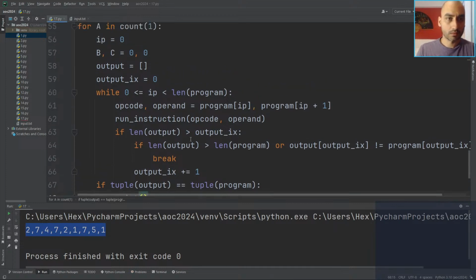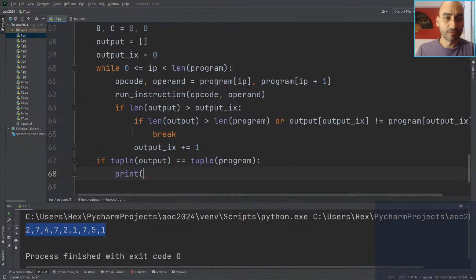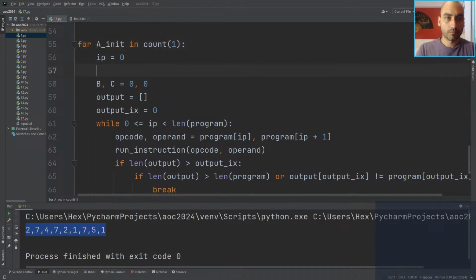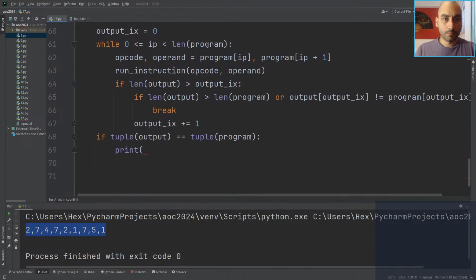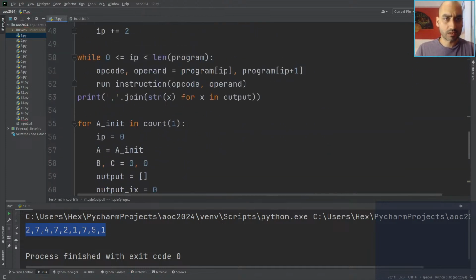Print A. No, we want the initial value. Break out of this. Alright.